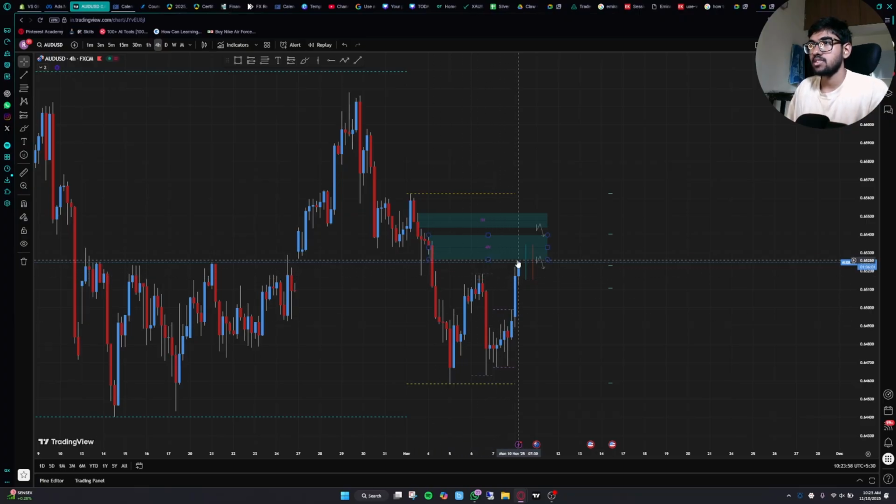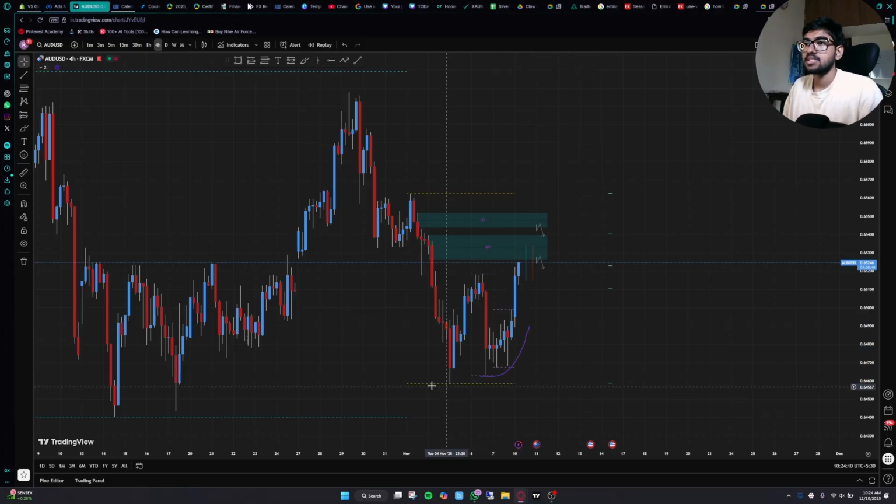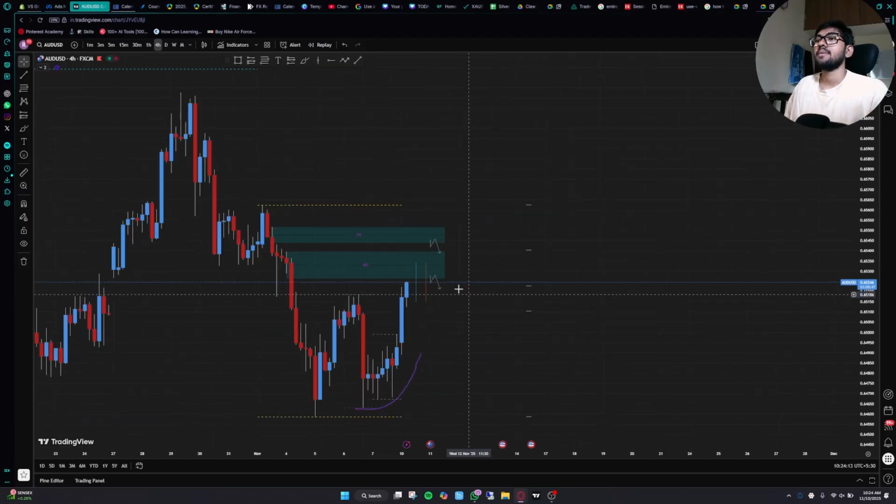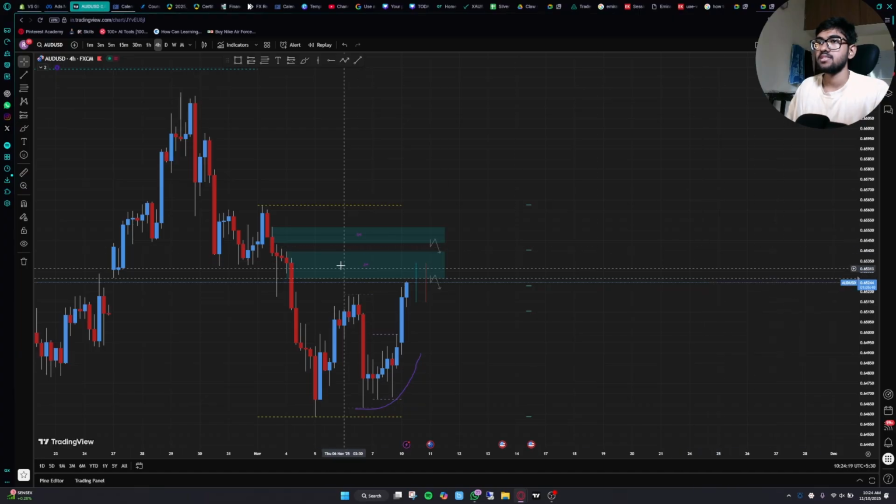Price has just grabbed it, and that's why you can see the very impulsive move up, and the resting liquidity looks amazing, and we have the previous week's low. So I am going to try for some sells around this region. And this 1 hour order block would be my most ideal and best zone to enter from.